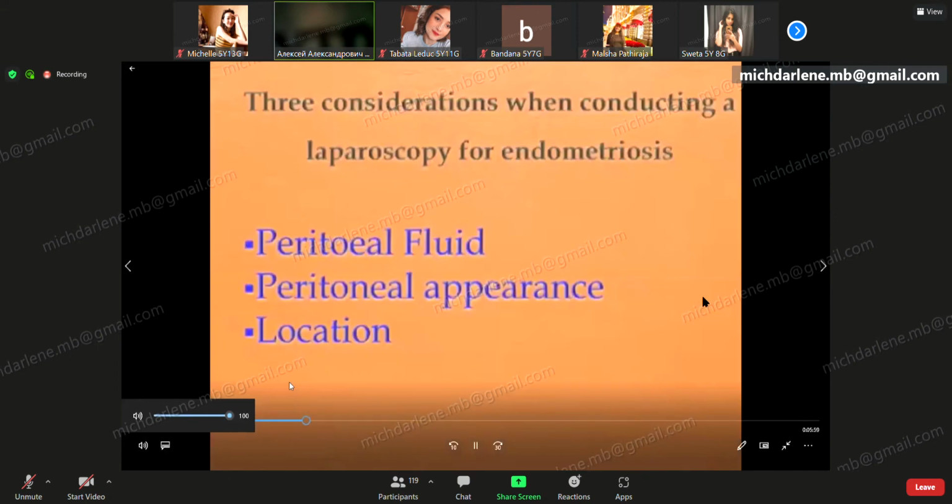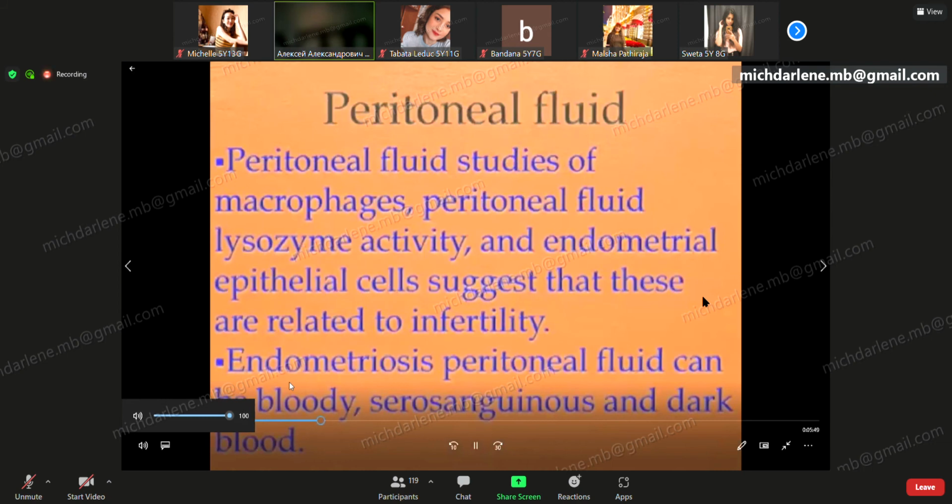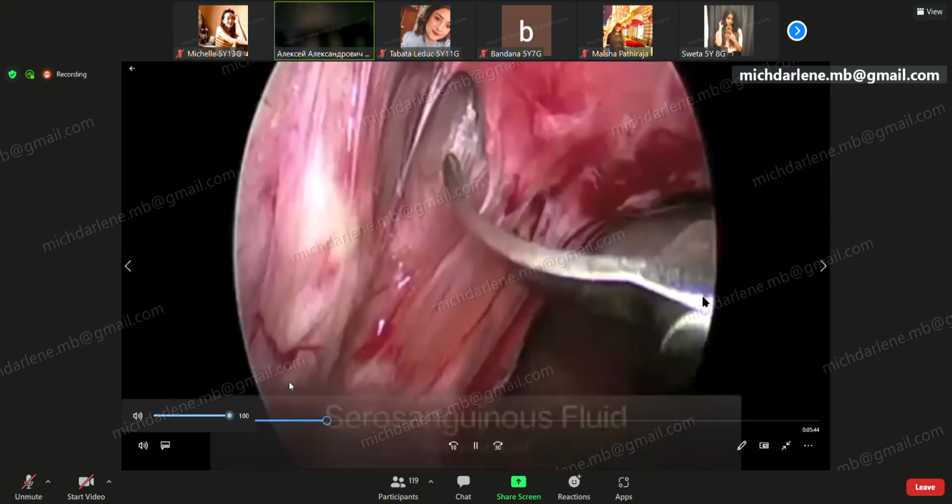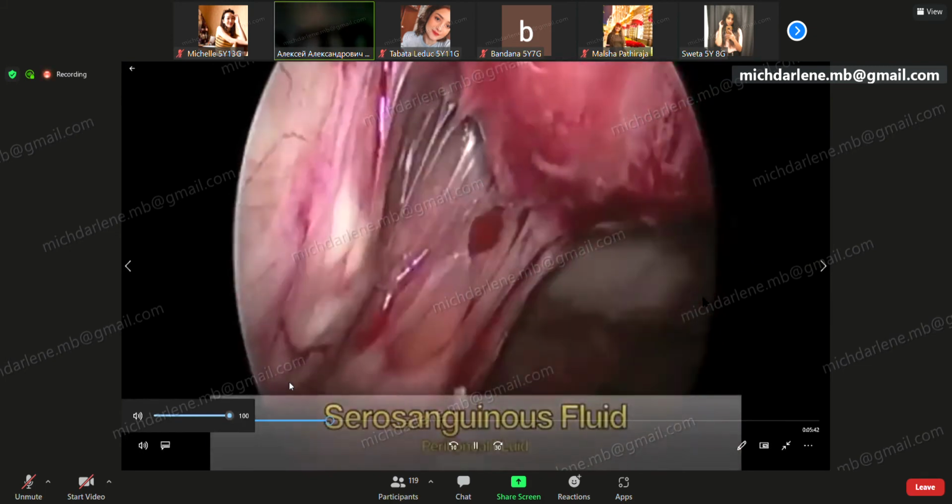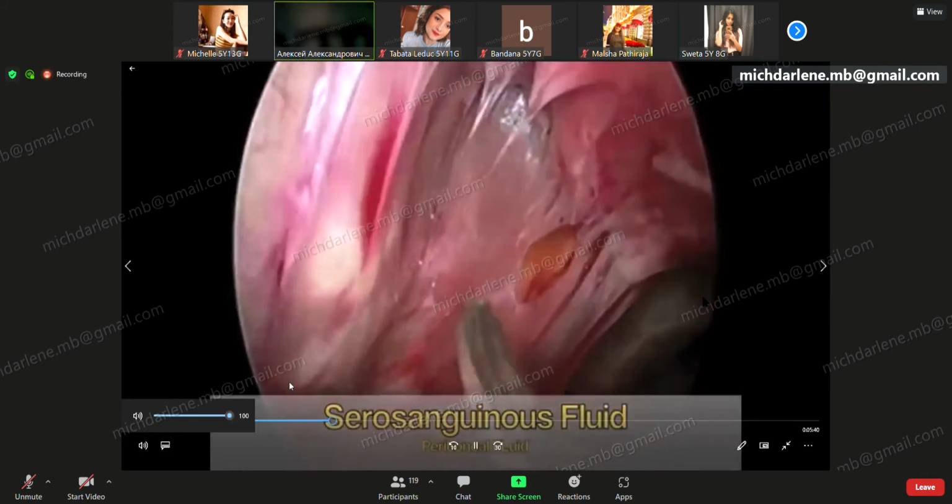Three considerations when conducting a laparoscopy for endometriosis: peritoneal fluid, peritoneal appearance, location. Peritoneal fluid studies of macrophages, peritoneal fluid lysozyme activity, and endometrial epithelial cells suggest that these are related to infertility.